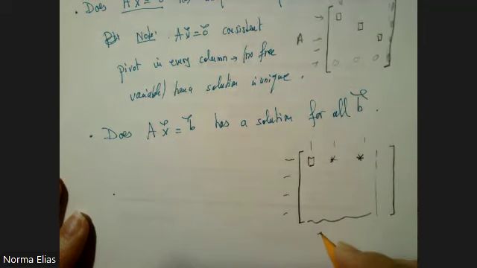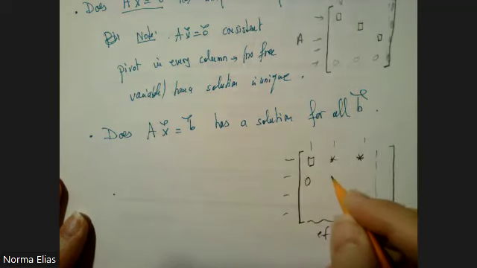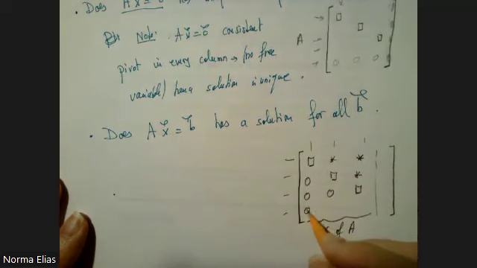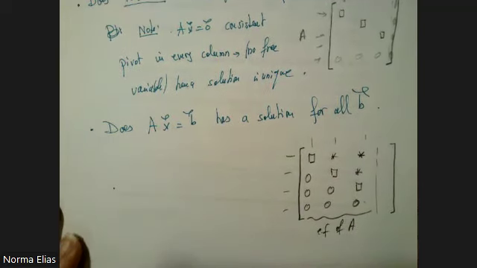So that's the echelon form of A right here. We have a pivot, anything. 0. We have a pivot here. Those are the columns. That's the situation. That's the echelon form of A. Does AX equal to B have a solution regardless of what B is?